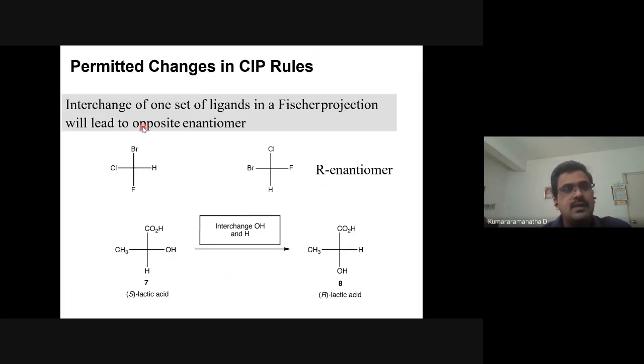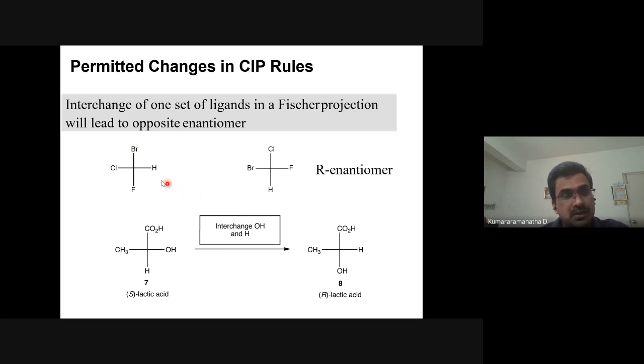Now, let us go into details. Let us see, if you interchange one set of ligands in a Fischer projection, it will lead to the opposite enantiomer. Already we have seen this. So what essentially you have done here is, you can see, from hydrogen you have moved with an angle. Okay, hydrogen, fluorine.